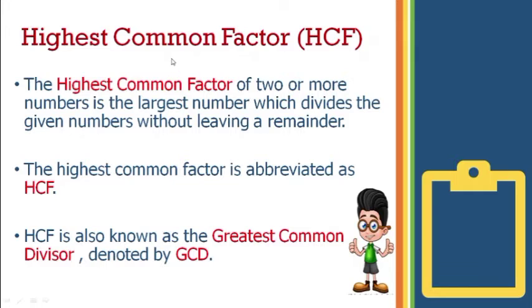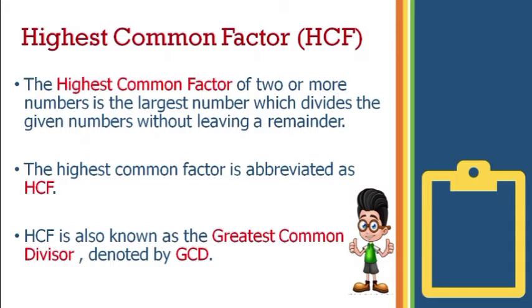So whenever we talk about HCF, the highest common factor of two or more numbers is the largest number which divides the given numbers without leaving a remainder. Means whenever you have to calculate the highest common factor, you will require two or more numbers.